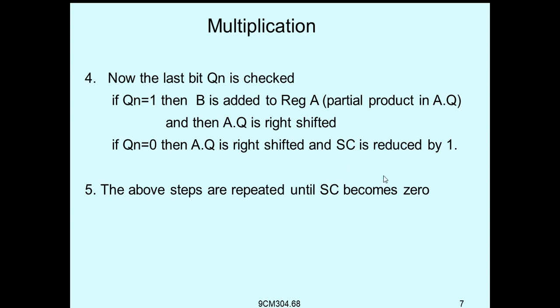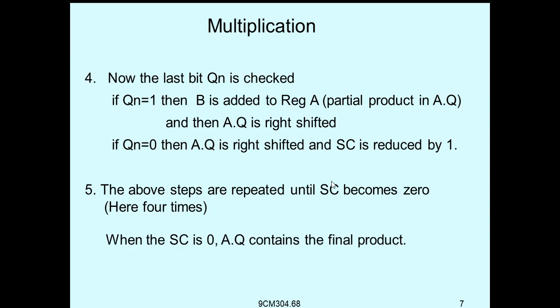These steps can be repeated until SC becomes 0, that is until 4 times are over. Then we check whatever the result contains in the AQ registers, that is nothing but the final product.